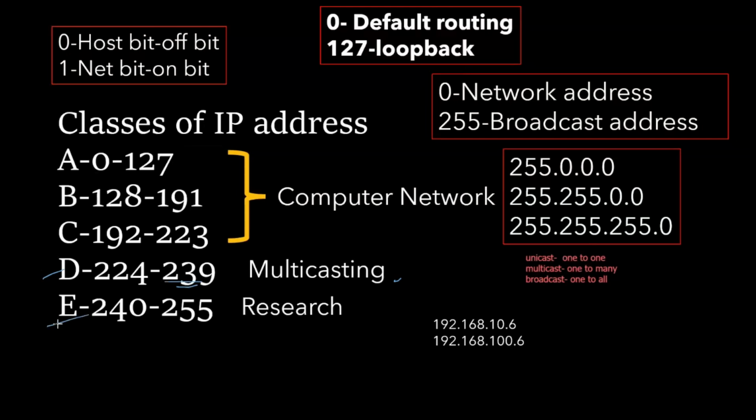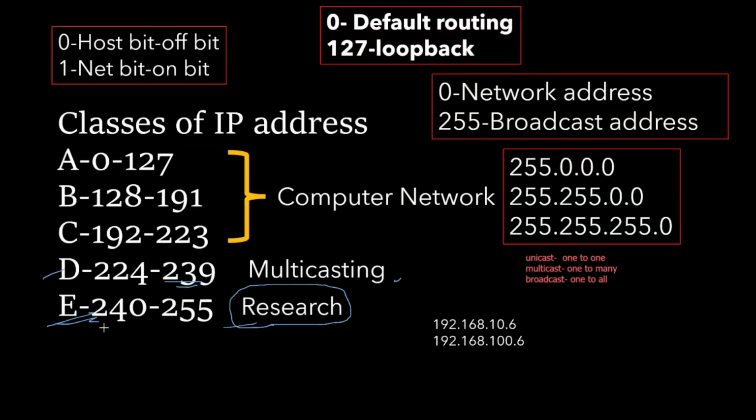Class E is reserved for research purposes. So IANA reserved that range for research purposes, for when they work on any new technology. At that time they will use only that IP address range. Suppose they try to develop 6G.